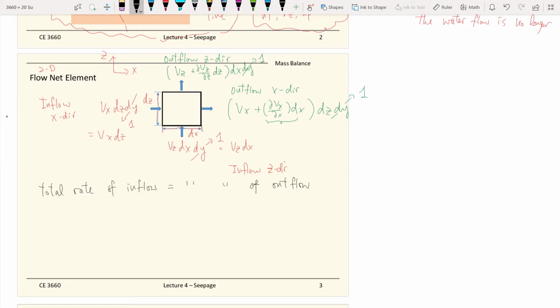So inflow equals outflow. If we do our math, we list out the equations here. So these are the equations, which will be here, this part, and then you have another part: the outflow in the x direction, and also the outflow in the z direction now.